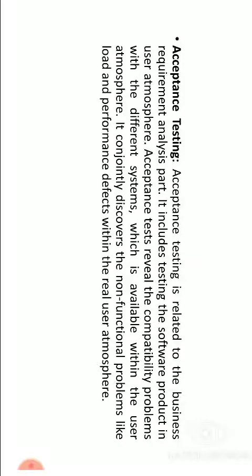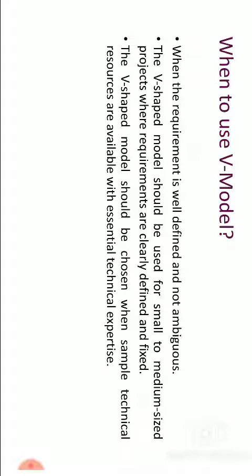When to use a V model? When the requirements are well defined and not ambiguous, not in a confusion stage. The V-shaped model should be used for small to medium sized projects where requirements are clearly defined and fixed.